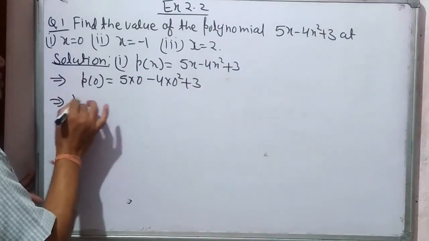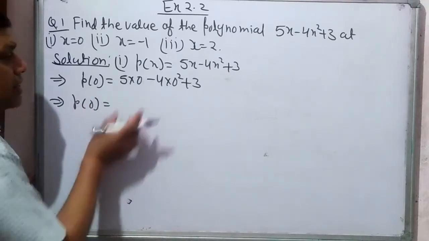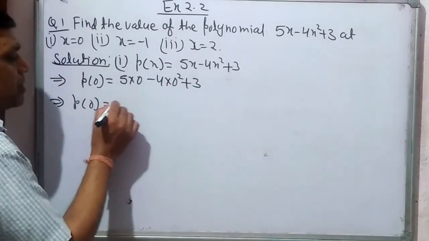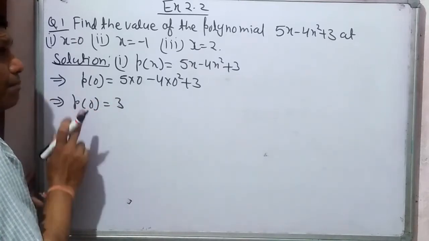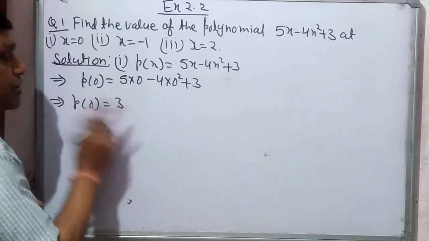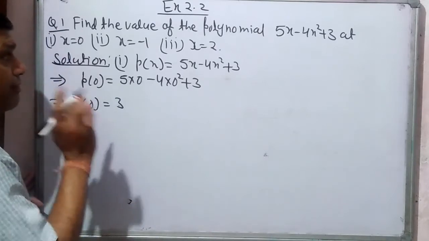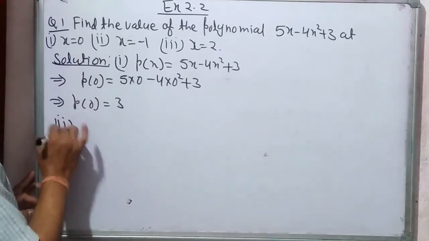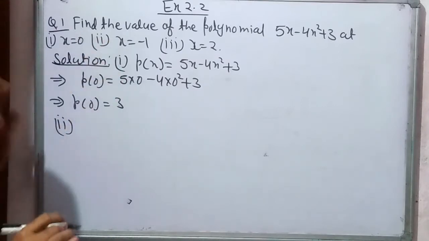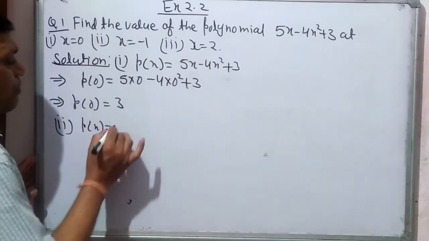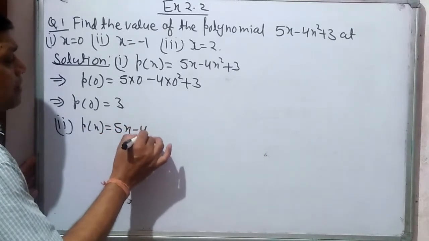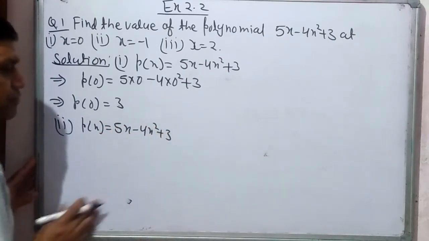This will give us p(0) as 0, 0 plus 3. So the value of polynomial at x equals 0 is 3. This is first part. In second part, what is the value of x? x is minus 1.